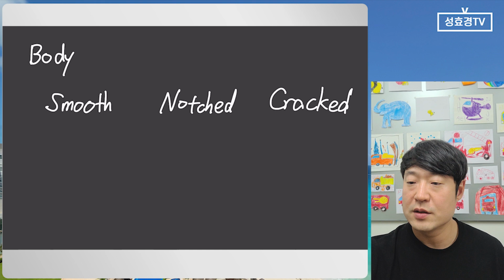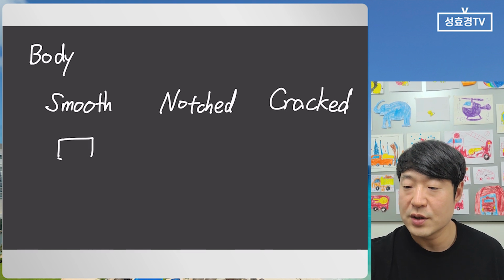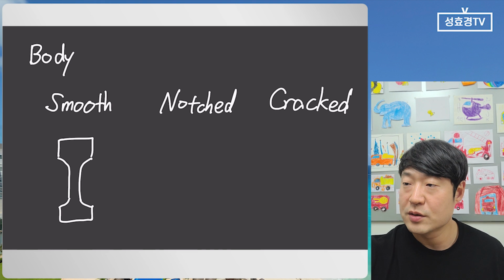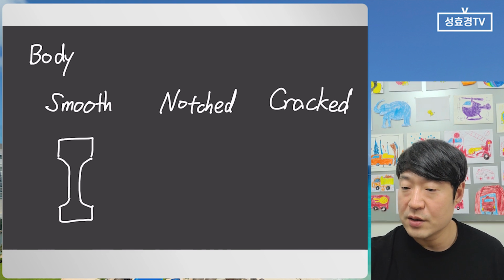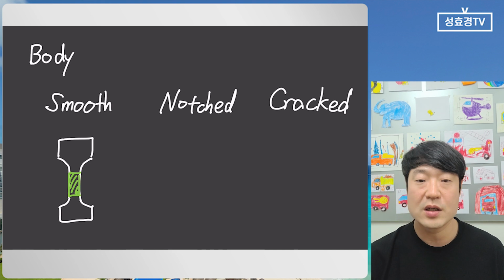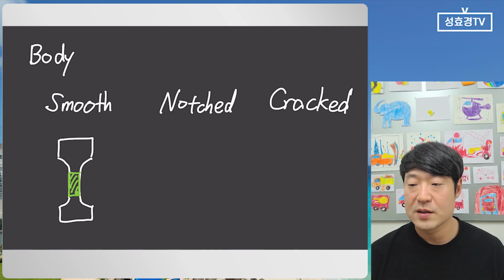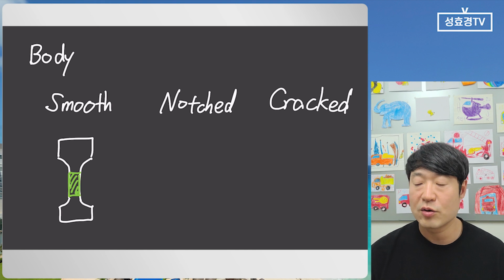The smooth body is usually understood through the tensile test. This is the dog bone type of test specimen. The smooth area is located inside the gauge section. There is nothing there. Sometimes it is a cylinder, or sometimes a rectangular shape. That is the smooth body.